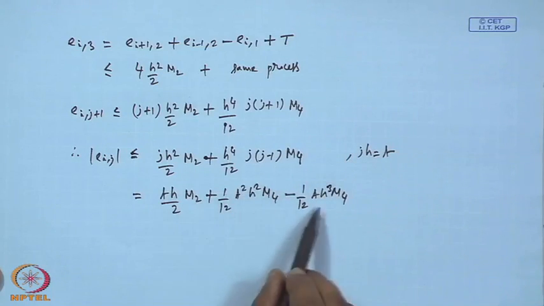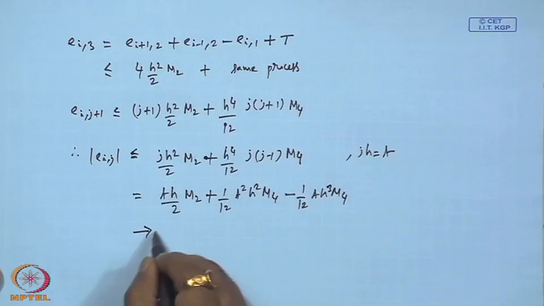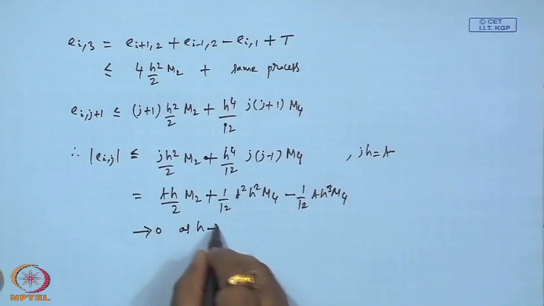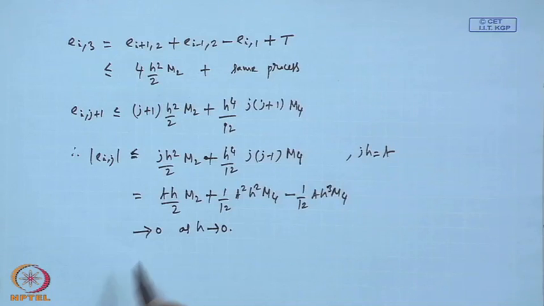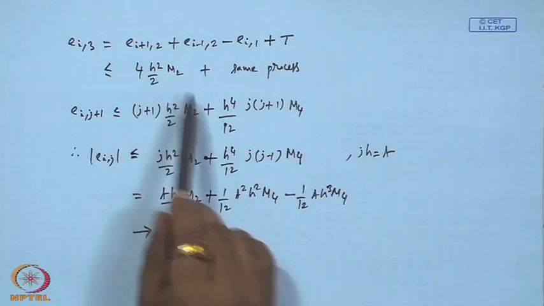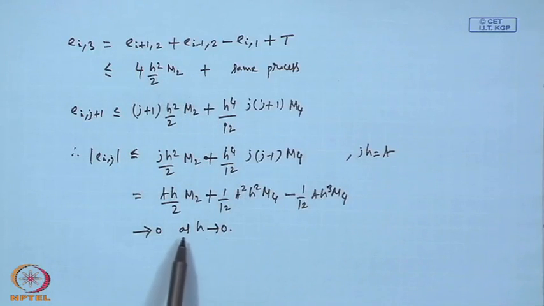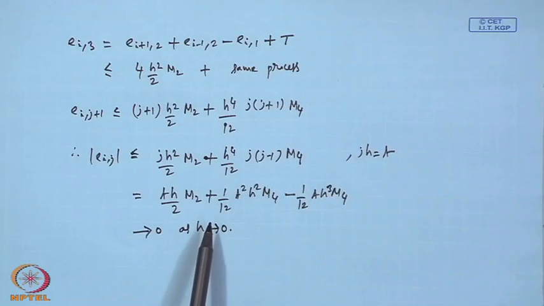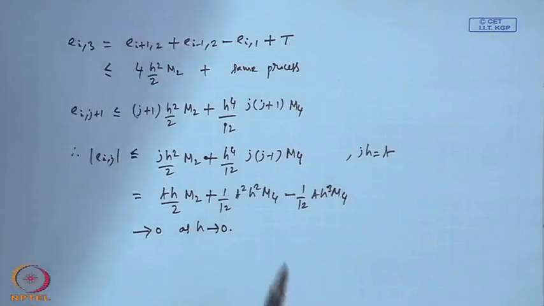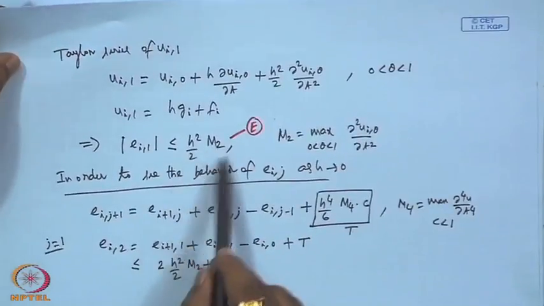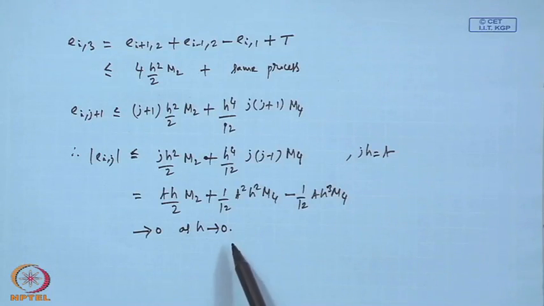So, I have used that. So, this goes to 0 as h goes to 0. Okay. So, this is a simple example where the error has been iteratively used, and the estimate at the first time level that we have computed has been used iteratively, and then we have shown that the error is bounded.